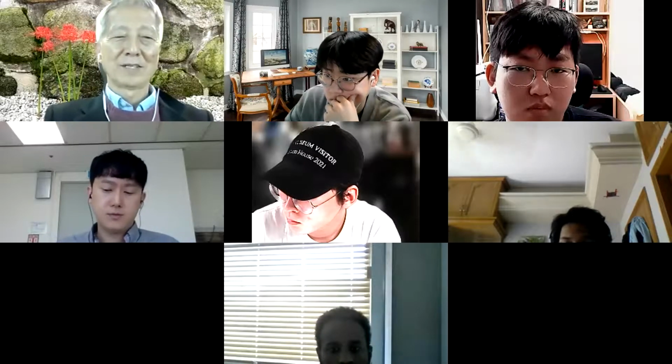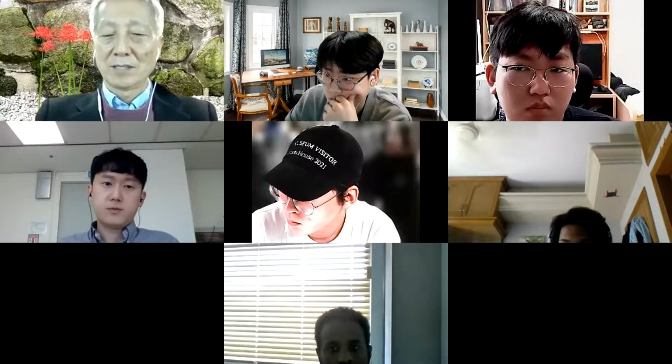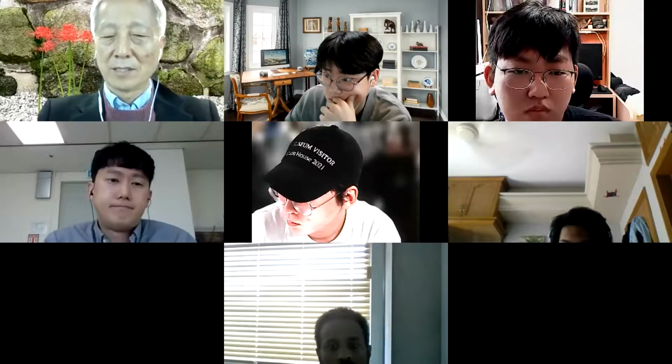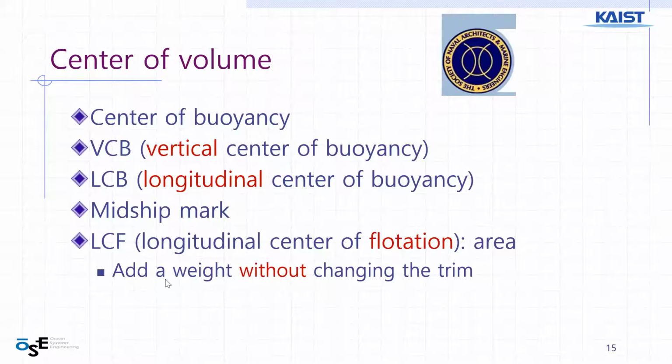And the center of flotation is the area center. If I load a small weight of 1 kilogram or 10 kilograms at the LCF, then there is no trimming. Trimming is an angling of the ship, because this is the center. Right? That is the meaning of this.